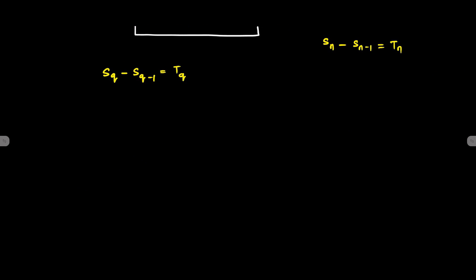So Sq is equal to 63q minus 3q square. Sq minus 1 will simply be replacing q with q minus 1: 63 into q minus 1 minus 3 into q minus 1 whole square.